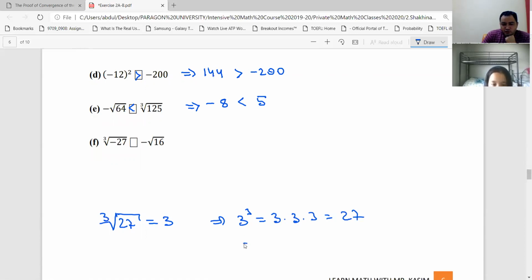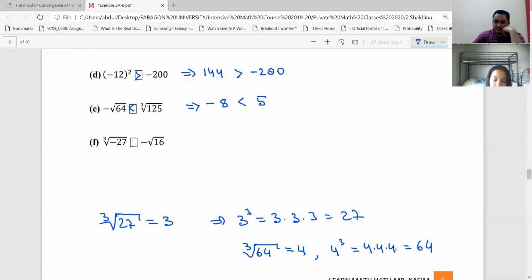Okay. And what is the cube root of 64, Shahina? 4. Because 4 cubed means 4 times 4 times 4. 4 times 4 is 16. 16 times 4 is 64.